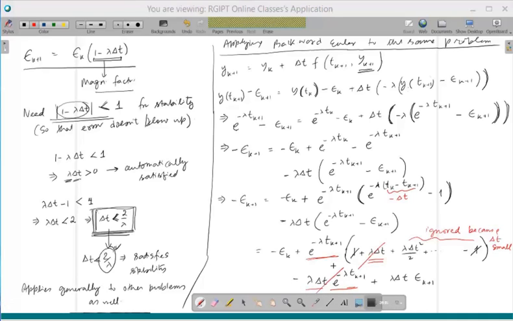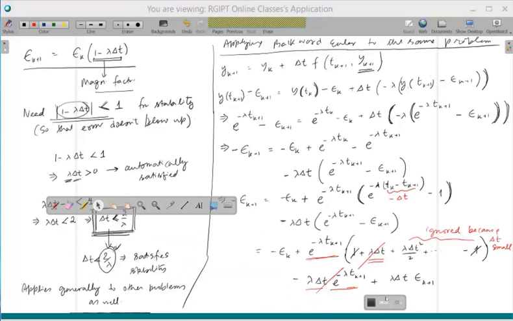These two terms cancel. So I have nothing appearing from this side, and as a result, what I'm going to get is, so that would give me minus epsilon k plus 1, like minus epsilon k, okay, plus lambda delta t epsilon k plus 1.